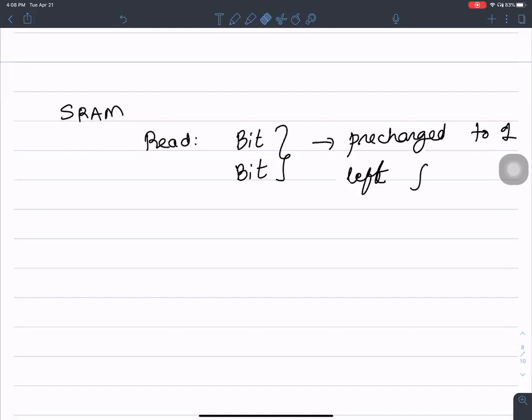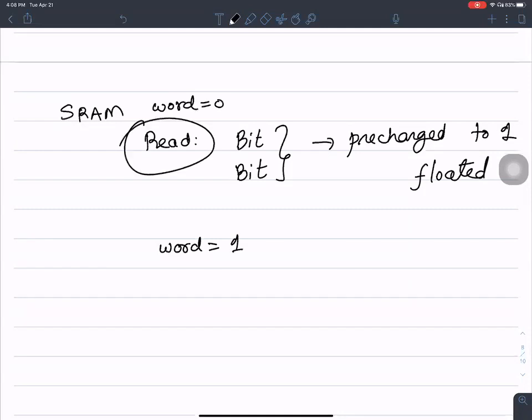Word was initially 0, or the access was initially 0, and then the word turns on now. That's the idea of read operation.